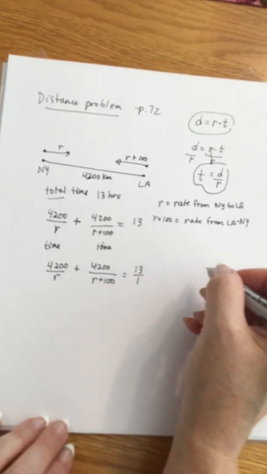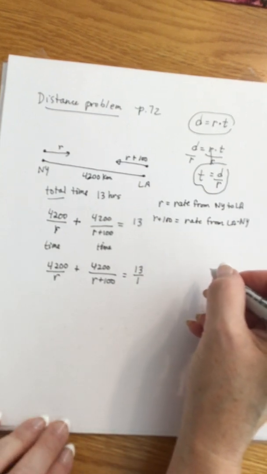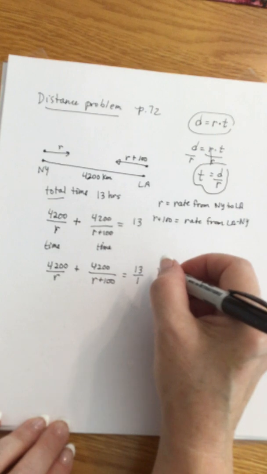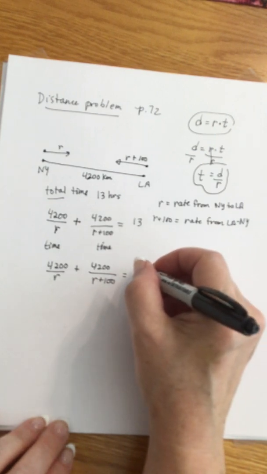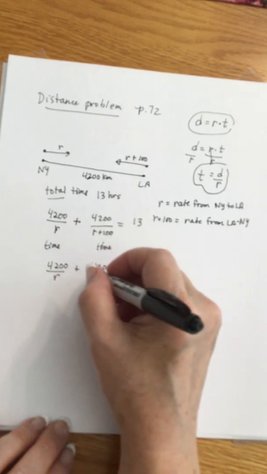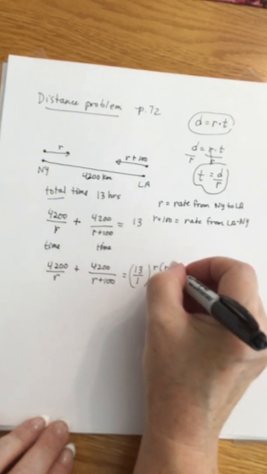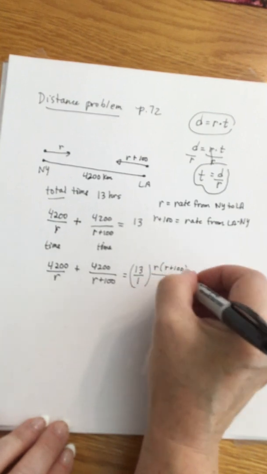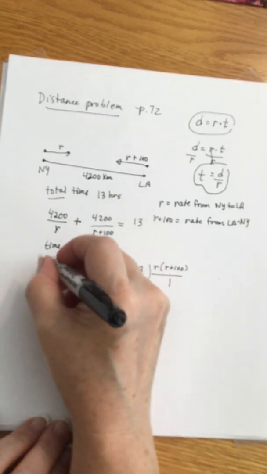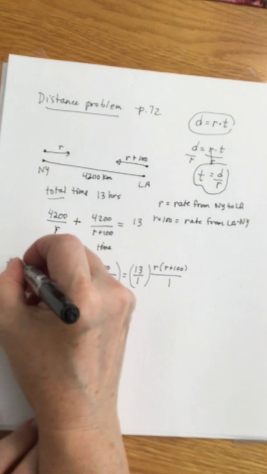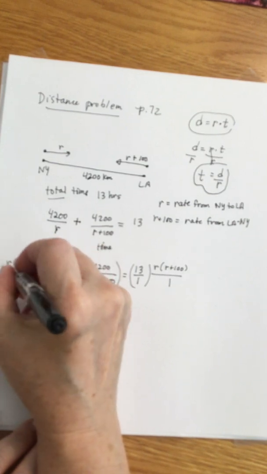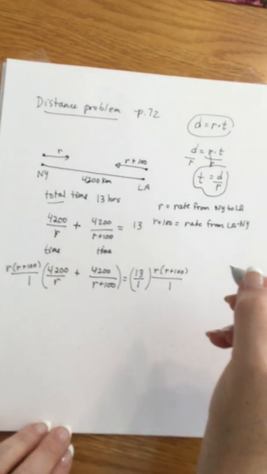Now we did one like this before where we ended up solving to get a solution set. So our common denominator is going to be R times R plus 100. So we're going to multiply by R times R plus 100 on both sides. As long as we multiply by the same thing on both sides, it's still going to be an equivalent expression.